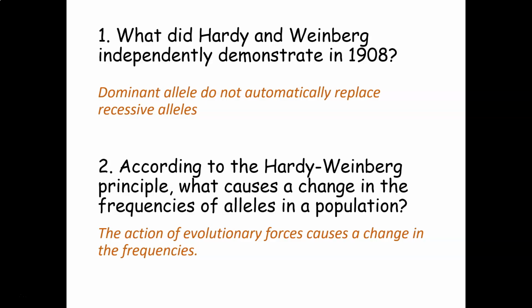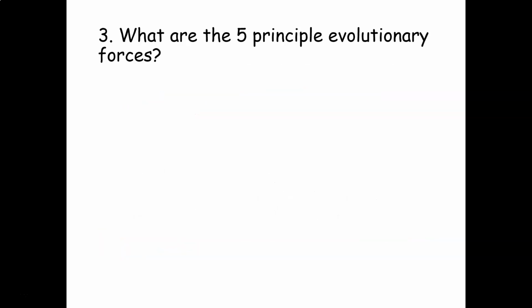So if we're seeing frequency changes occurring, that's because something other than just sexual recombination, creating sex cells and bringing them back together to make offspring, something else is going on. And generally that's a result of some sort of evolutionary force. So what are the 5 principal evolutionary forces then?